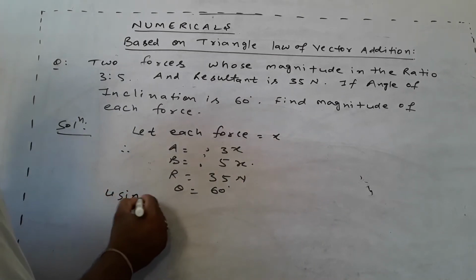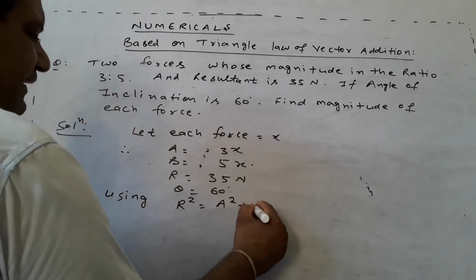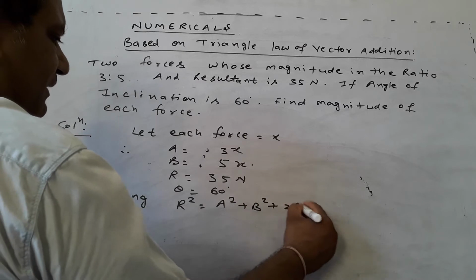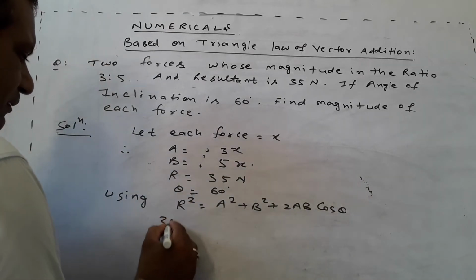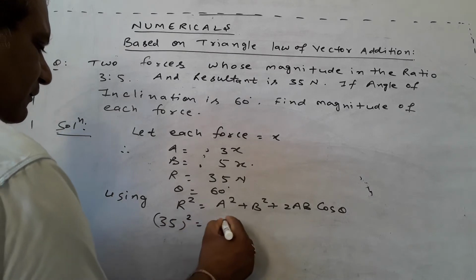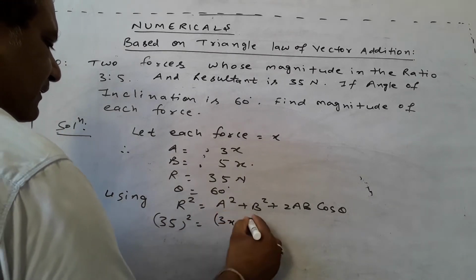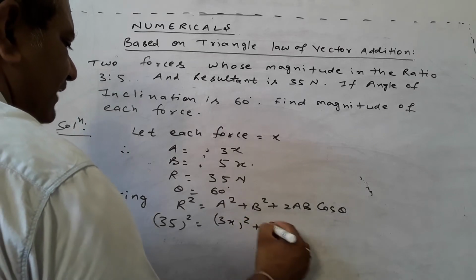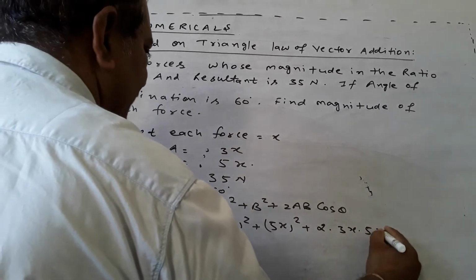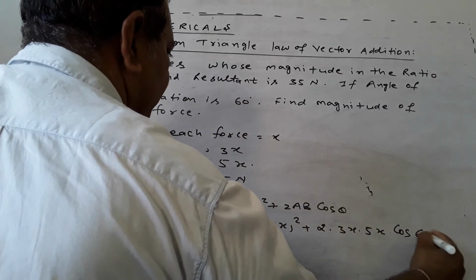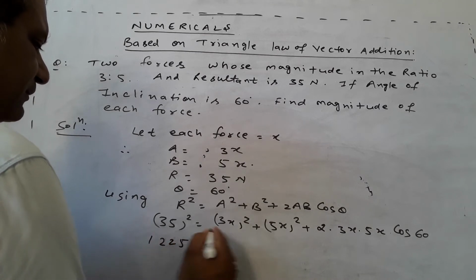Using R square equal A square plus B square plus 2AB cos theta. 35 square equals, A is 3x, B is 5x, 2 into 3x into 5x into cos 60.